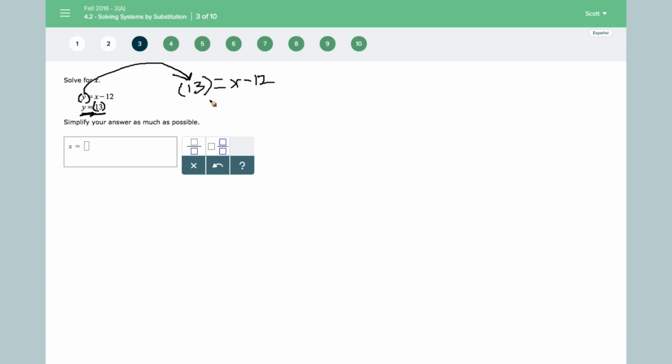The parentheses can go away, and I have 13 equals x minus 12. I'm going to add 12 to both sides, and I have x equals 12 plus 13 is 25. So that's what goes right here. Okay, that's how you handle the first 3.